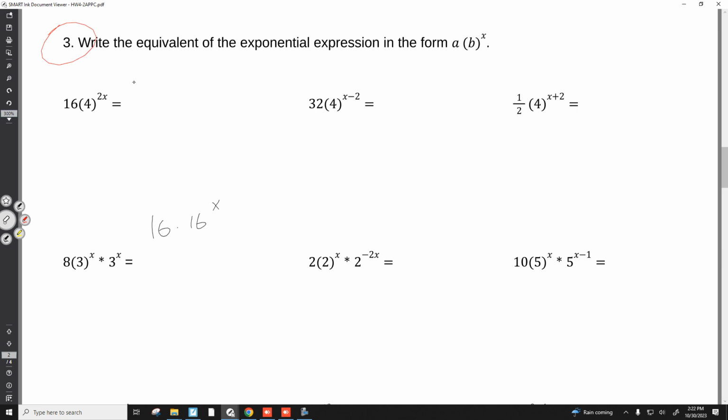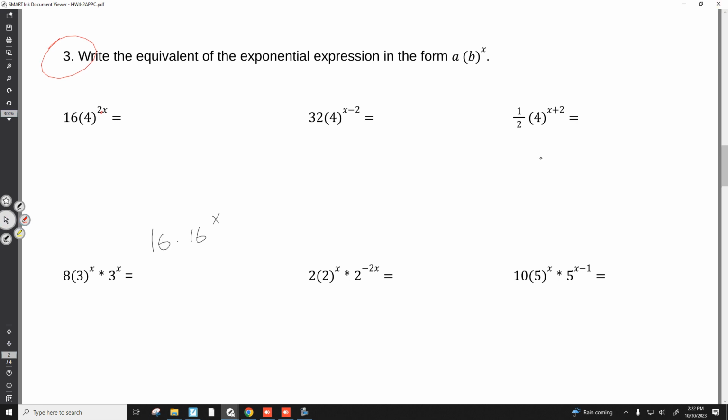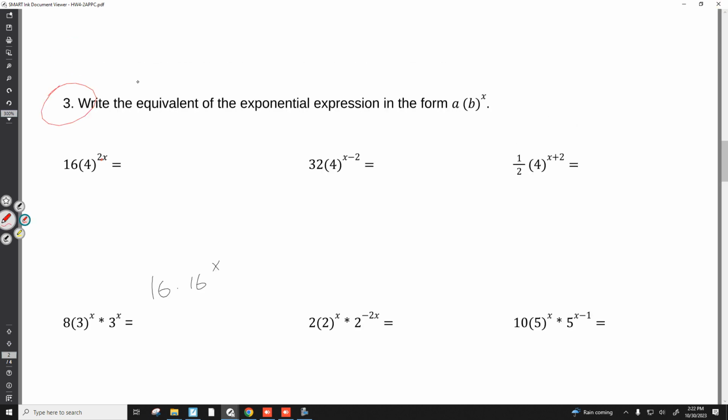That's it. We use the product property rule. We need to maybe put down somewhere on our homework that if we have a number to the a, b, it's equivalent to the number to the a to the b. 4 to the 2x.